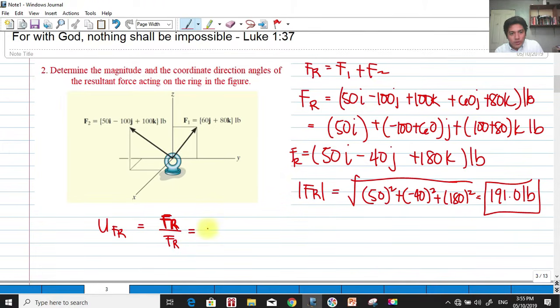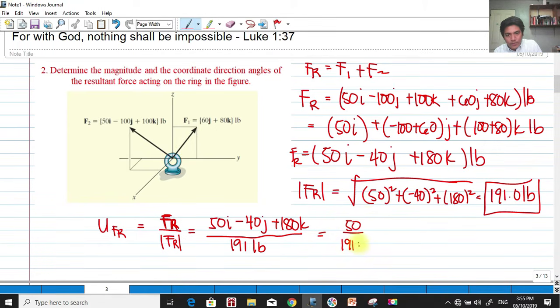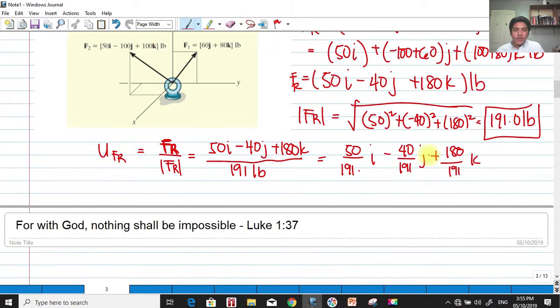So our resultant force is 50I minus 40J plus 180K over 191 pounds, the magnitude. So as you can see here, we have 50 over 191 I minus 40 over 191 J plus 180 over 191 K. And of course, as what we have studied, this is Ax over A.